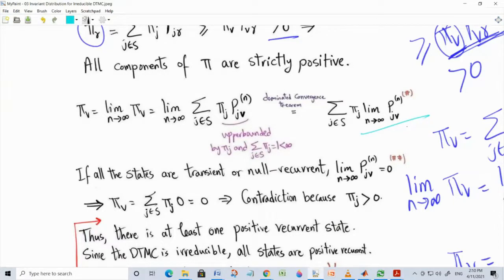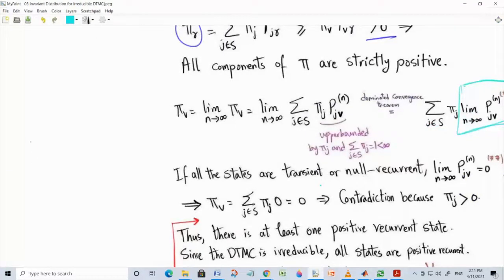So if all the states are transient or null recurrent, and this is a previous result, we have a problem, because in that case those limits will be 0, all of them. For every j, this will be 0.